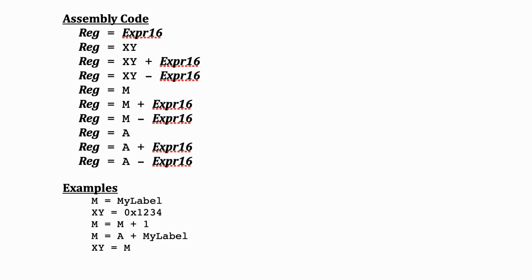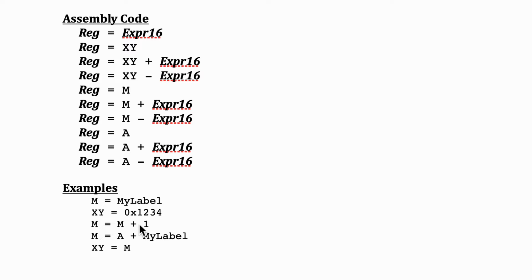The assembler is pretty flexible in how the programmer can express the add 16 instruction. And up on top we see some various forms that are usable, and down below we see some examples. So for example, we can load the M or XY register with constant values, perhaps expressed as a label or symbolically, or perhaps expressed in hex or decimal, or perhaps as an arithmetic expression combining these two things.